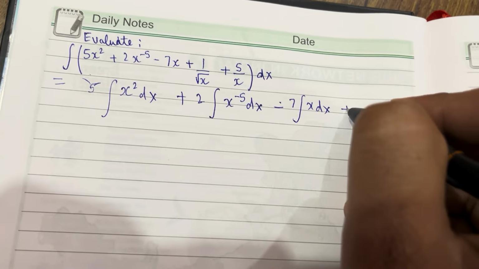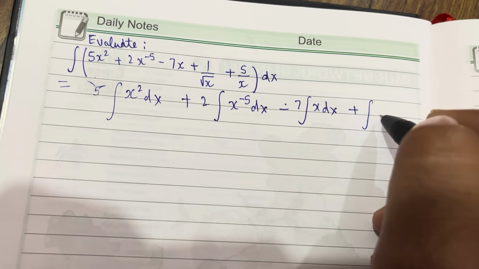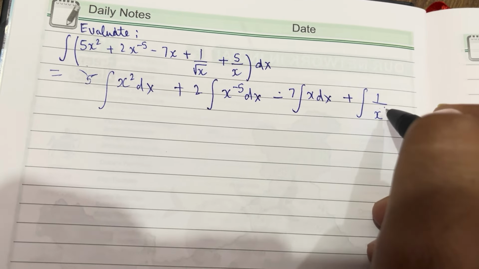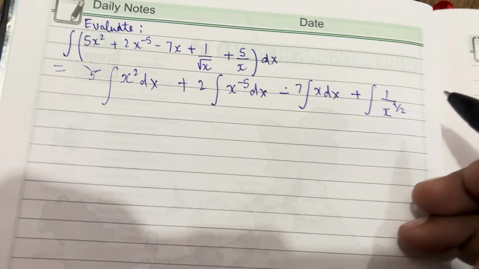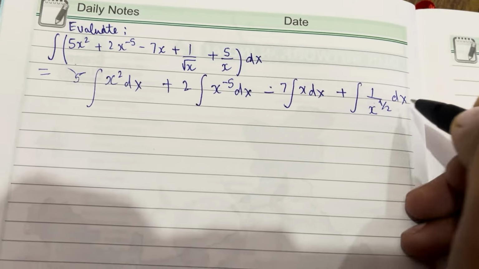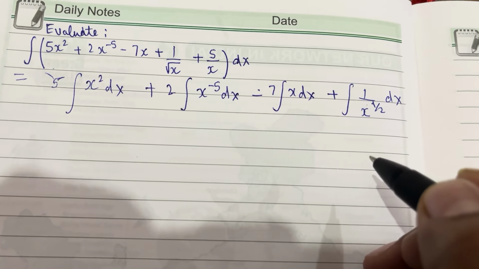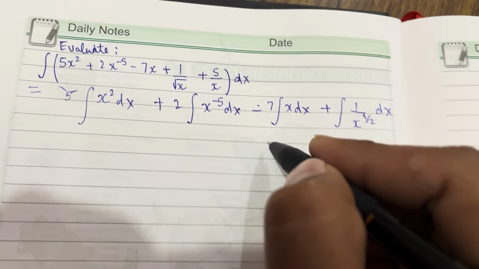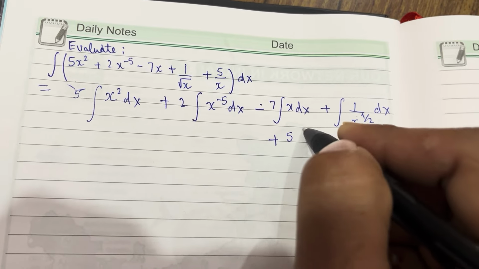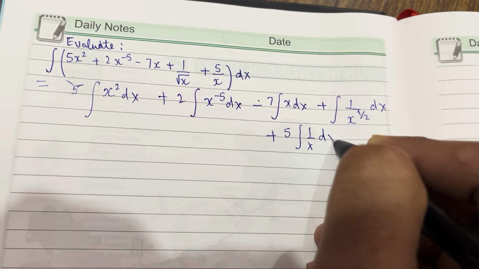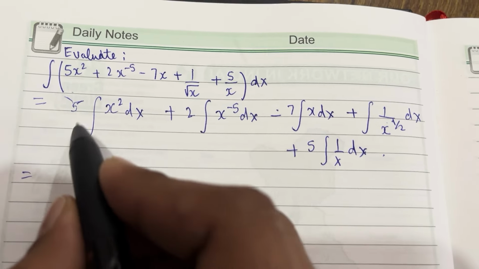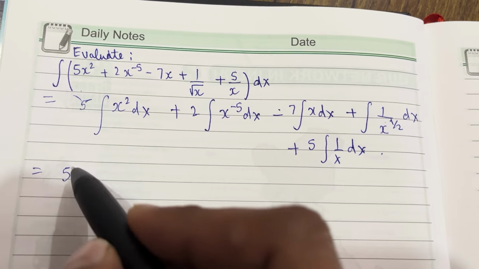Okay, plus integration of 1 by, I am writing 1 under root x as x raised to power 1 by 2 because these two things are equal. Okay, square root can be written as the power 1 by 2. Okay, after that there is one more term which is 5 integral 1 upon x dx. All right, after that 5 here, 5 as it is.